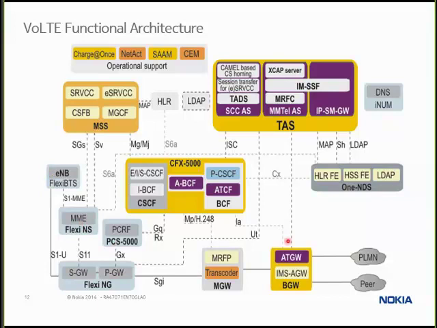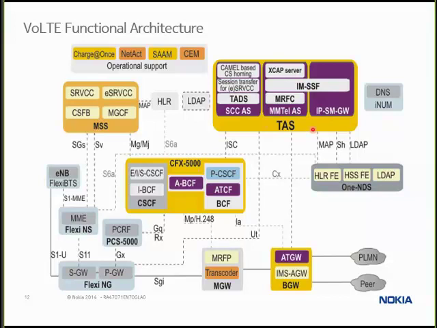Now, to apply voice, to really do voice over LTE, we have to implement some kind of application server. So that's what the AS is in TAS. TAS means telephony application server. Now, we have a couple ways that we've implemented this.